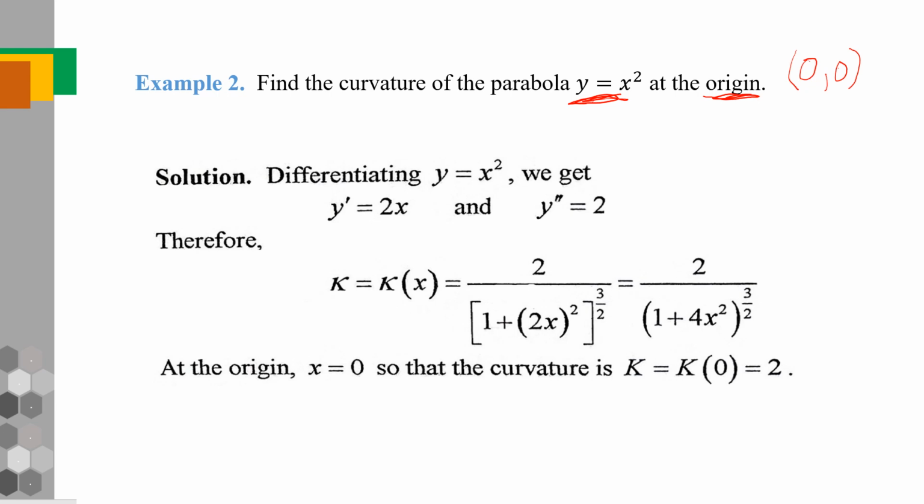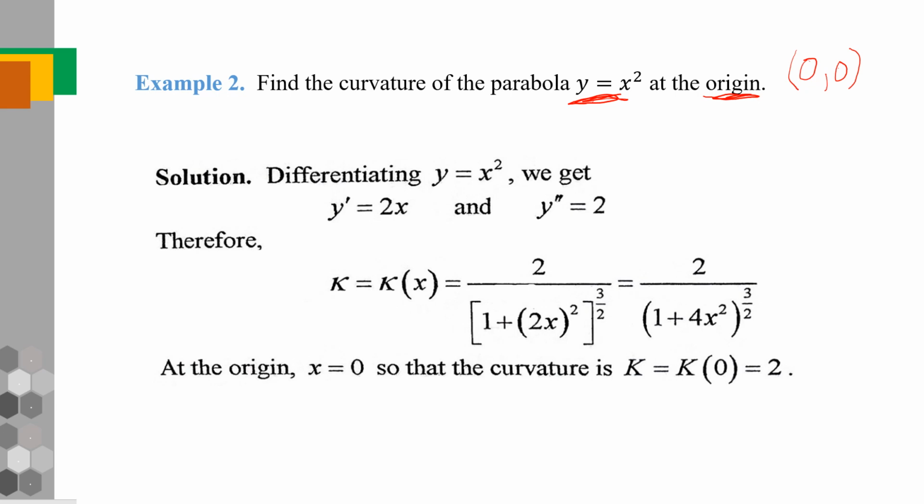So yung first derivative is 2x at yung second derivative is a constant function, which is equal to 2. So yung curvature ng ating function which is actually a function of x is equal to 2 over 1 plus the square of the first derivative raised to the 3 halves. And that is equal to 2 over 1 plus 4x squared raised to the 3 halves.